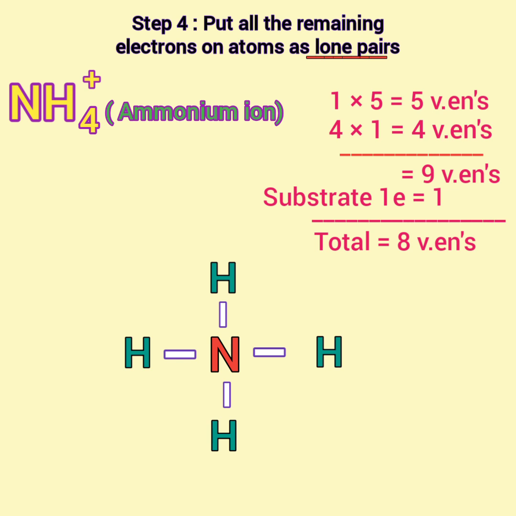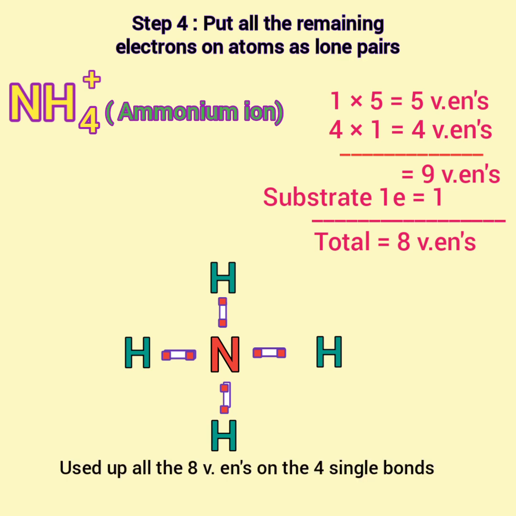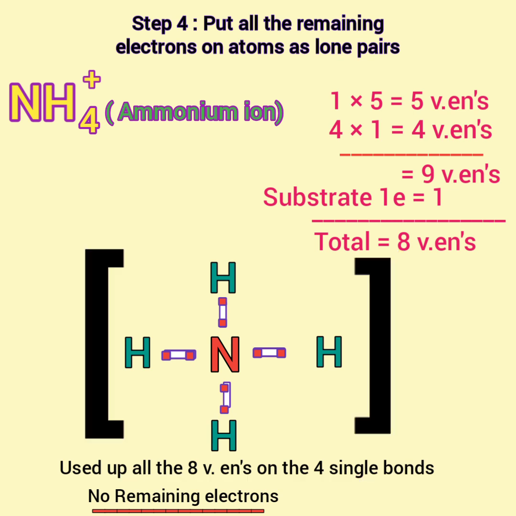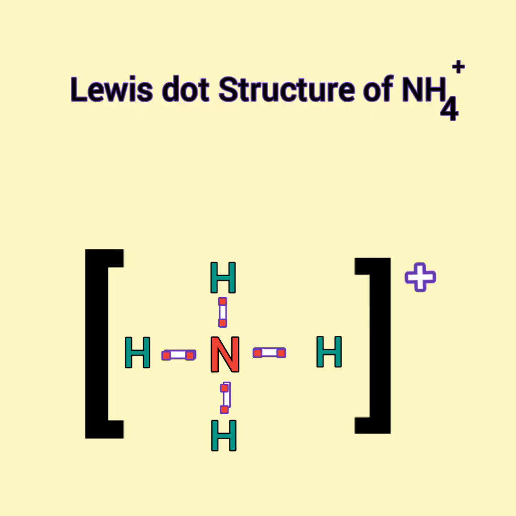Here the total valence electrons of NH4 plus ion is 8. We have used 8 valence electrons on the 4 single bonds. Look here, now we have used up all the valence electrons. There are no remaining electrons. Then put square brackets and put the positive charge outside of the square brackets, which means the Lewis dot structure of NH4 plus ion is now complete.